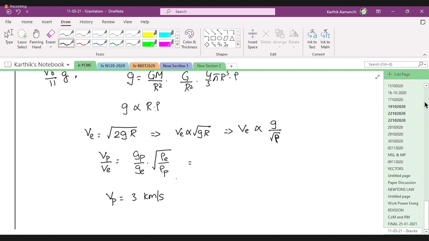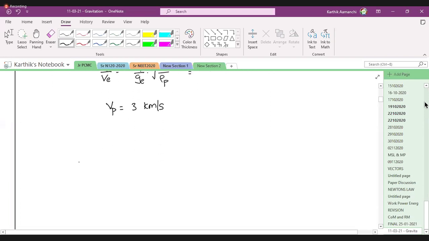0.5% decrement, right? Yes, sir. No, g dash is equal to g into 1 minus 2h by R, if it is going above, right? Weight decreased by 1%.